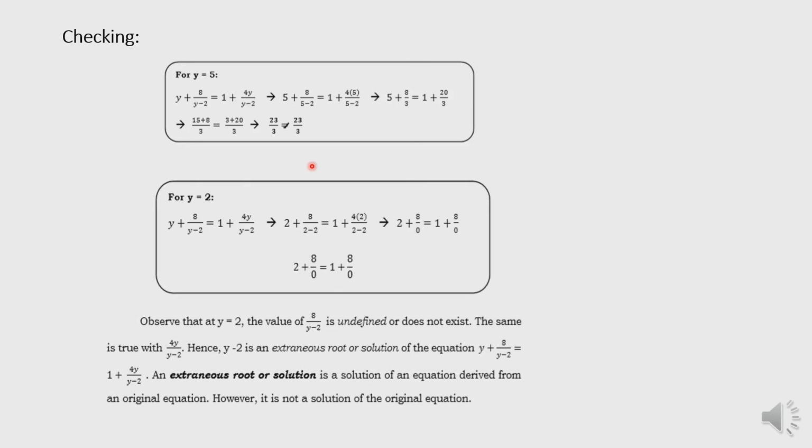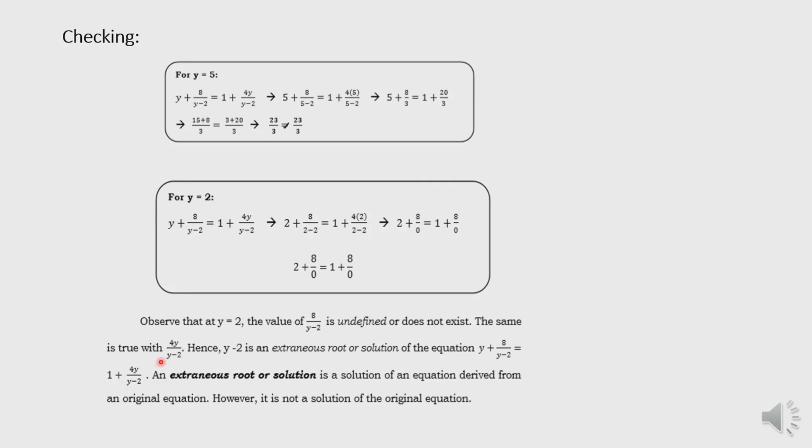What about when y is equal to 2? When 2 is substituted into the original equation, you come up with an undefined value for 8 over 0. So observe that when y is equal to 2, the value of 8 over y minus 2 is undefined or does not exist.